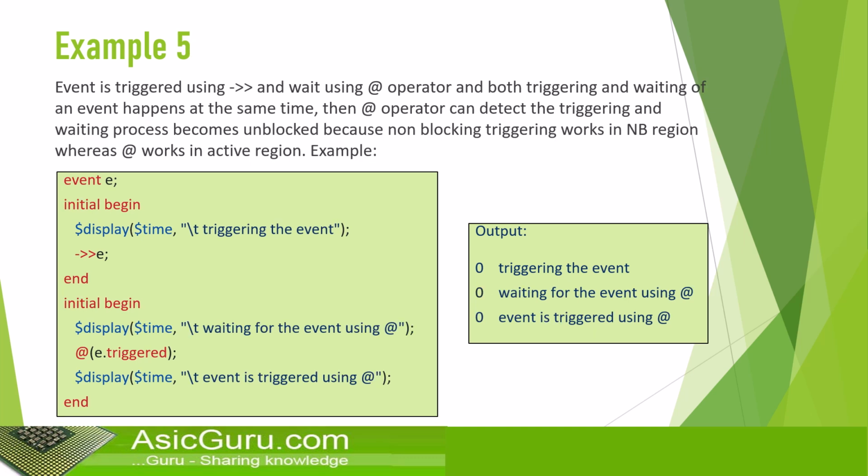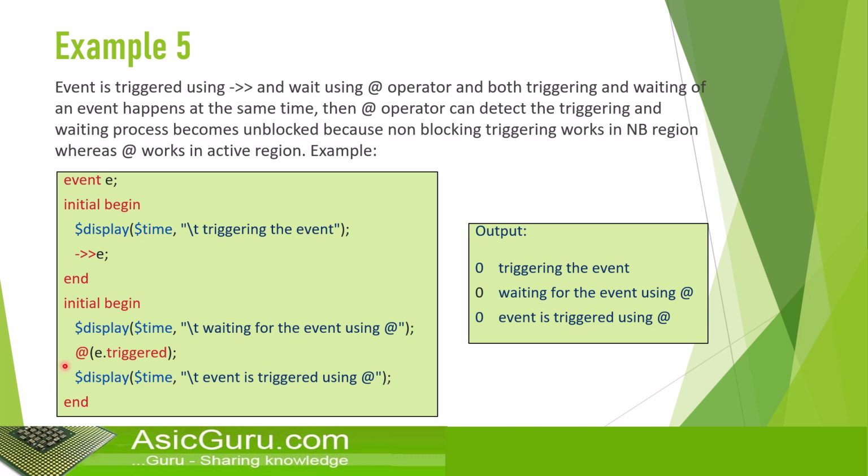Now again we are using the same scenario where both the trigger and waiting for an event occur at the same simulation time, that is time 0. The difference here is that the event is triggered using this operator, the non-blocking event trigger. So what happens in this case? This operator works in the non-blocking region, while the @ operator works in the active region.